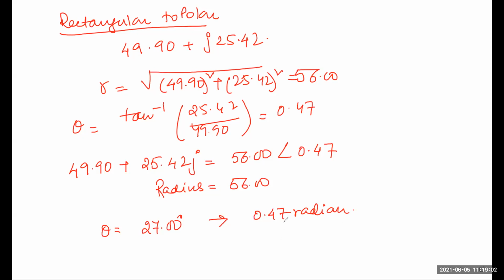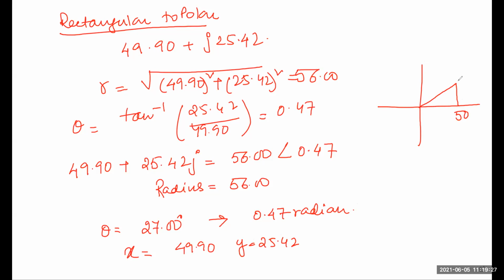Okay, and in this case we depict this kind of diagram, because here you know what your x is. Your x is 49.90 and your y is 25.42. So if you do the plotting, it will be somehow at this point. If you take this as your 50 and this is the P point, polar plotting, and this is the origin, the plot will be somehow like this.